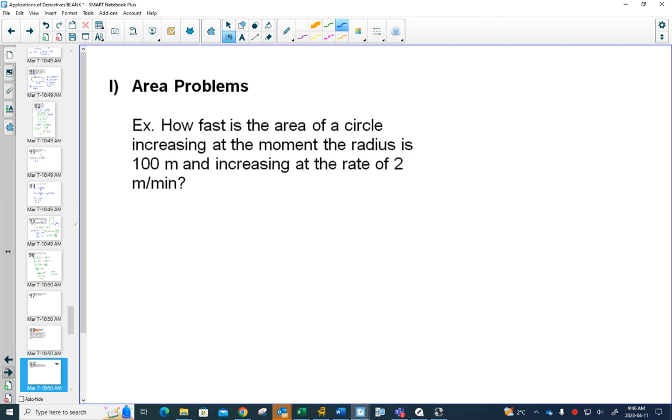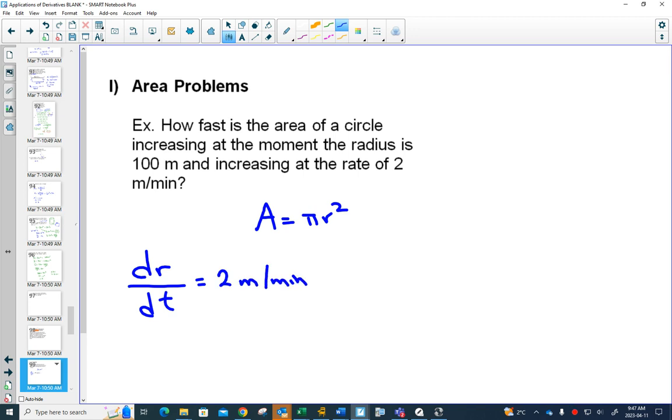So the way that we go about these questions is we have a formula. Our area of our circle formula is pi r squared. And in a related rate question, they're going to give us some rates. In other words, we are told that dr/dt in this case is 2 meters per minute.